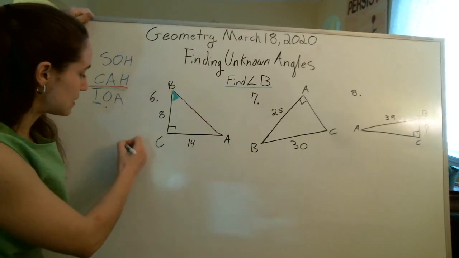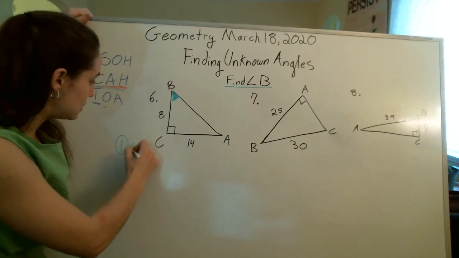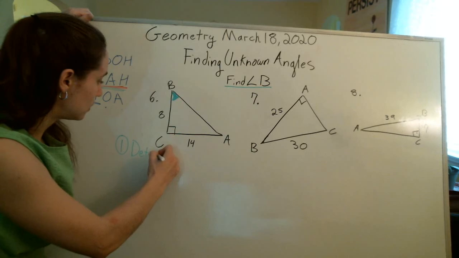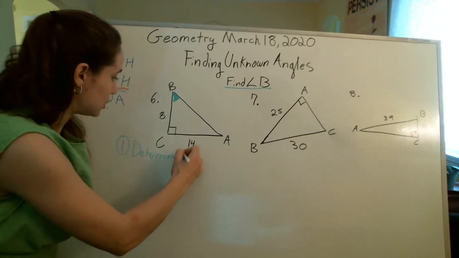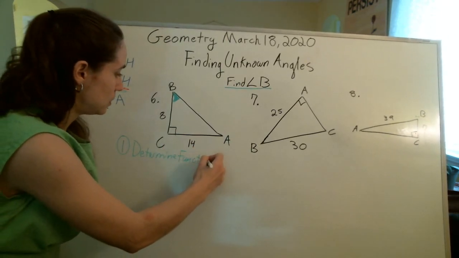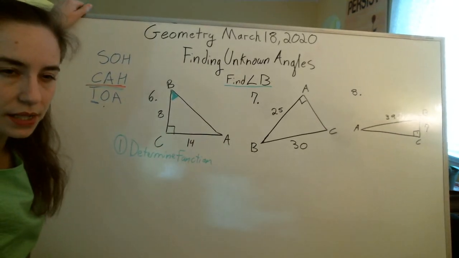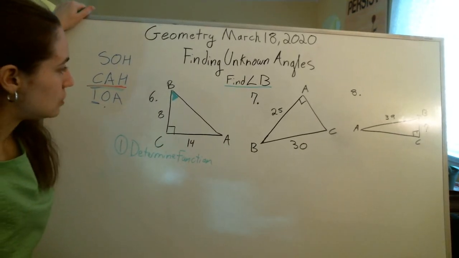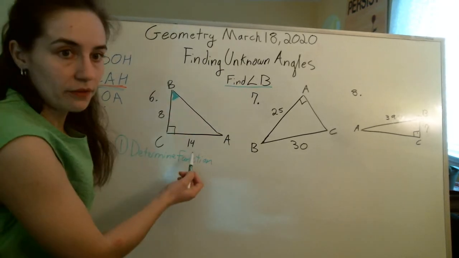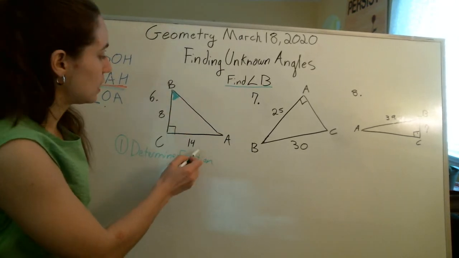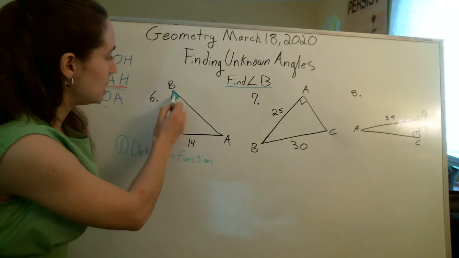Okay, and just like last time, my first step will be to determine the function. So if I'm looking at angle B, I'm going to decide what is the relationship of these two sides. What is the relationship of 14 to angle B?